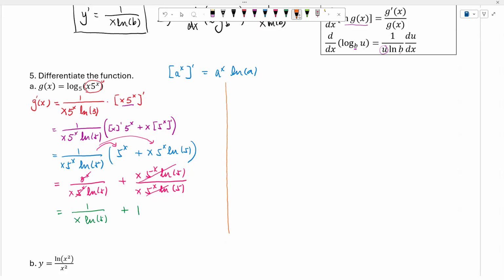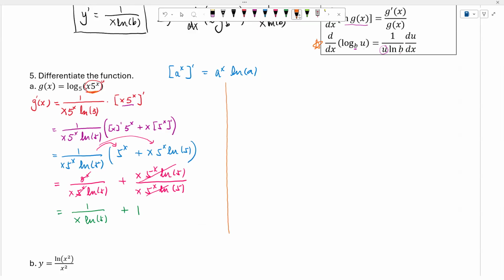Now, I have another way to work out this problem. This way right here, we were strictly using the rule to help us finish the problem. But do you see that in this case, we have log base 5 of x times 5 to the x?